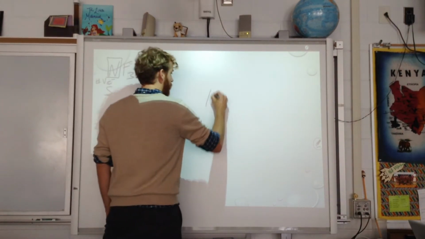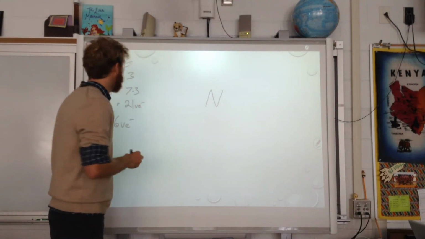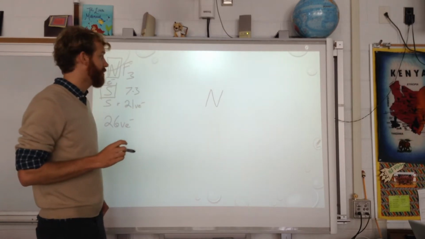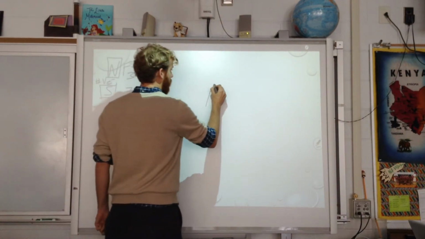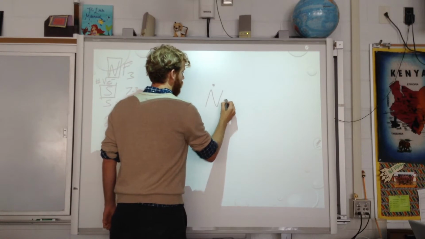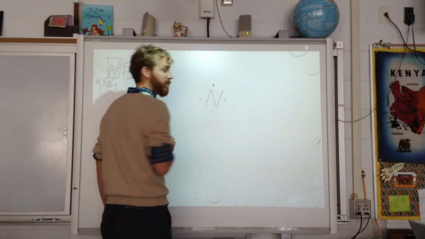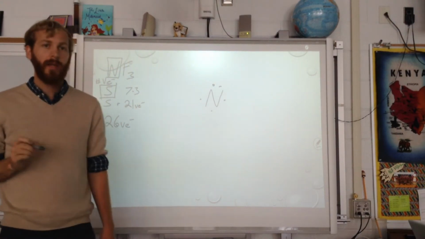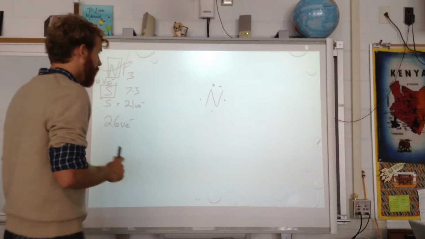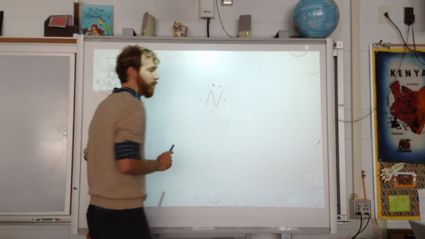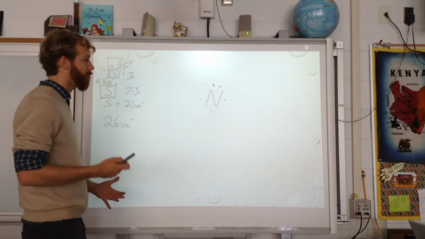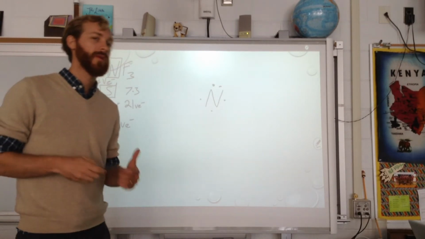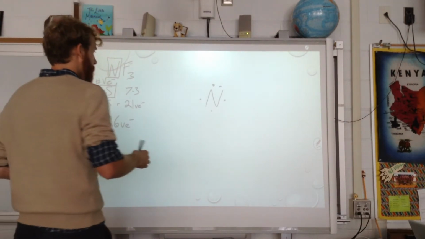So we're going to draw nitrogen in the middle. Nitrogen has 5 valence electrons, so I'm going to put 5 dots around nitrogen. Remember, they want to be apart, and then they go back and double each other up. So there's my nitrogen Lewis structure. Notice how we have 3 unpaired electrons. Well, they want to be paired, so you're going to have to use your intuition when you're building molecules.